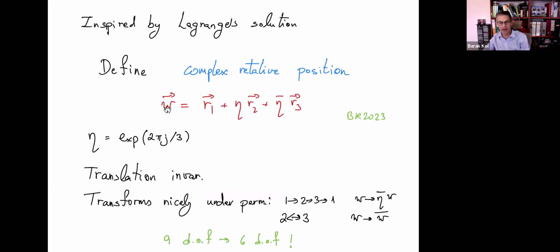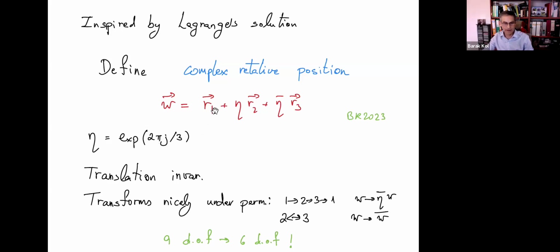Here we define this W, which this time is going to be complex, to be R1 plus eta R2 plus eta bar R3, where eta is again a cubic root of unity, but we call here the imaginary unit J, not I. This is not because I decided to become an electrical engineer, but because I will use I later. So I will have both I and J in a moment.